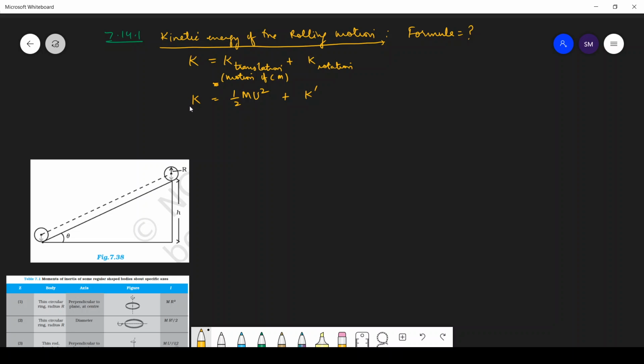Now we assume this general result and apply it to the case of rolling motion. Here in the book they have written K is equal to K dash earlier plus half MV square later, so let us write it in the same format as in the book.